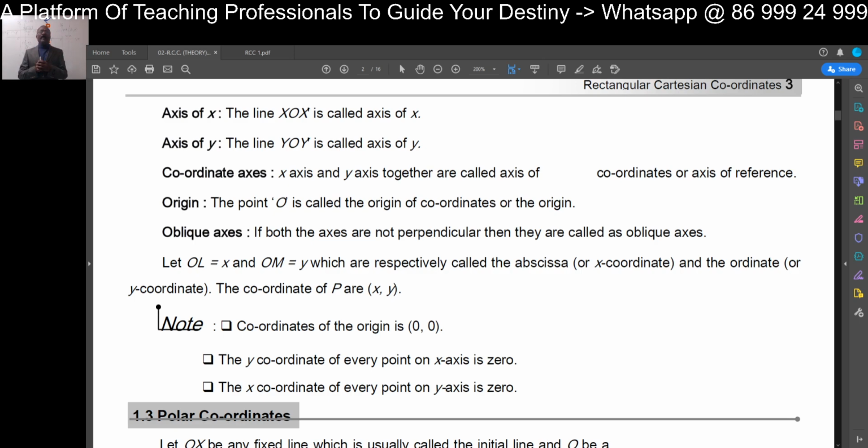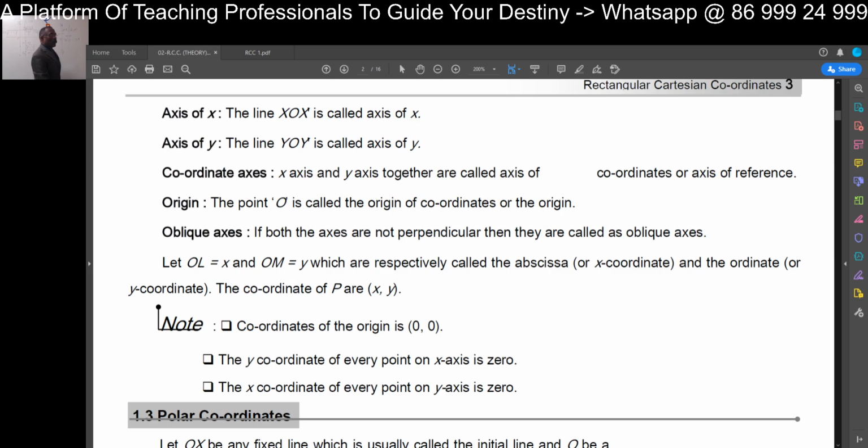Everyone knows y coordinate is 0. That is, y is 0. Y is equal to 0 is its equation. And x is equal to 0 is its equation. Similar to this only. So, equation of x-axis is y is equal to 0. And equation of y-axis is x is equal to 0, and all this you have learned in your lower classes itself.